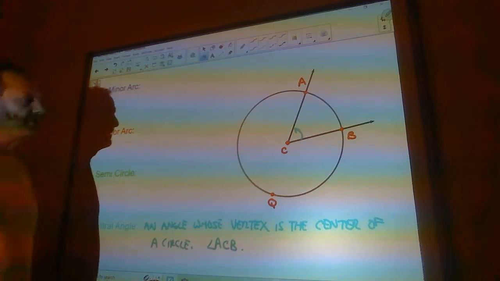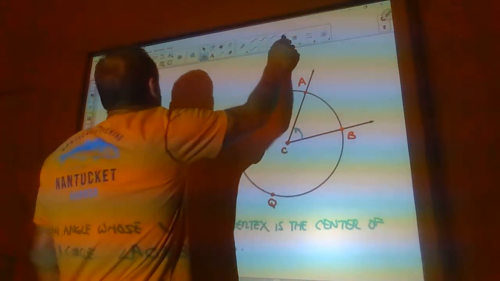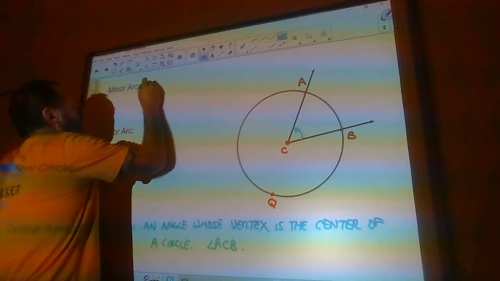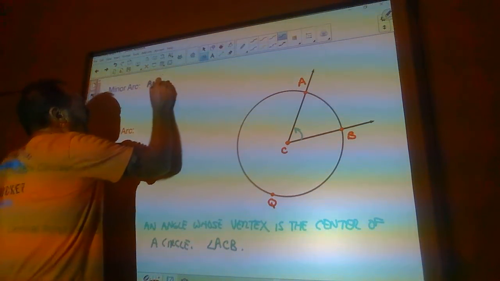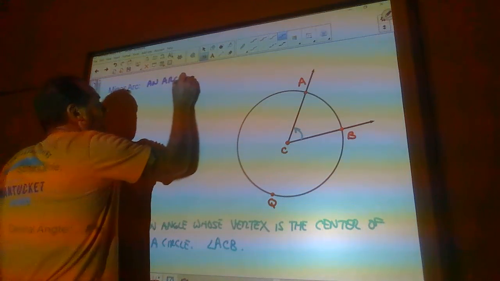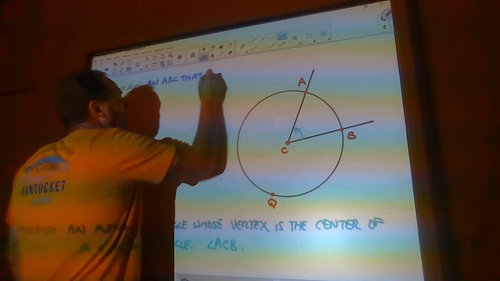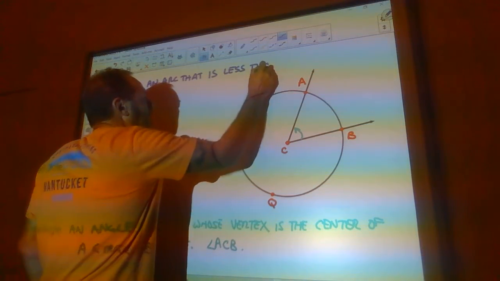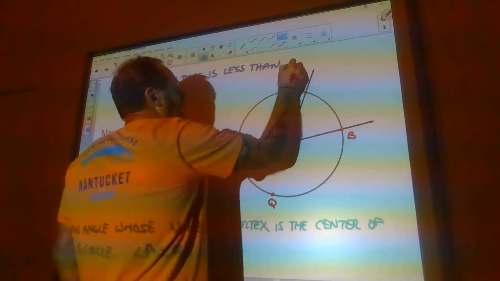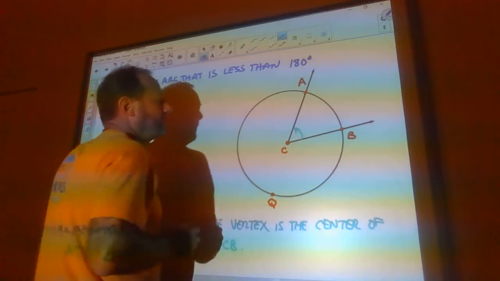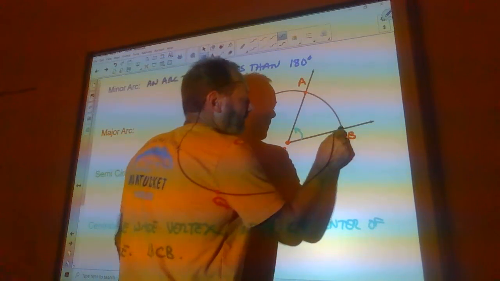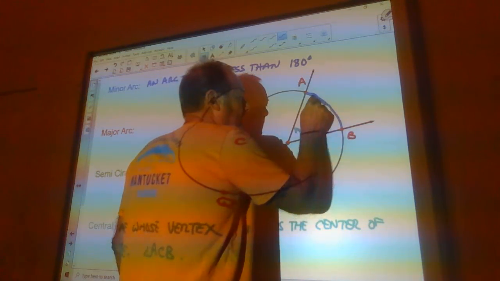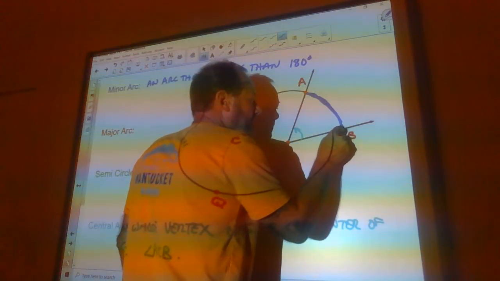Okay, now what this does, it divides the circle into two parts. It divides it into a minor arc. So a minor arc is an arc that is less than 180 degrees. Okay, so this is an arc. It's a curve along the circle here.